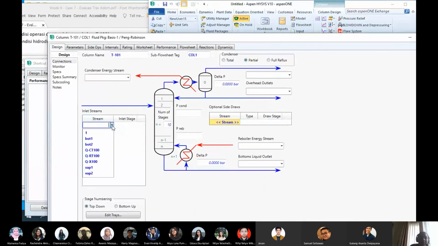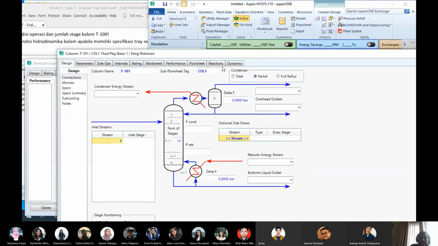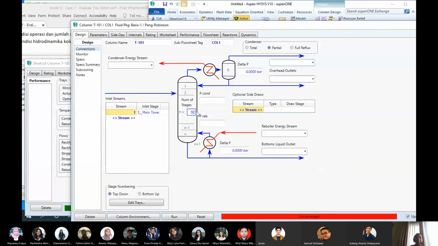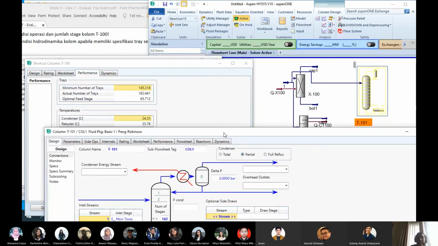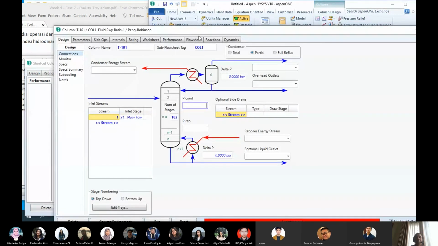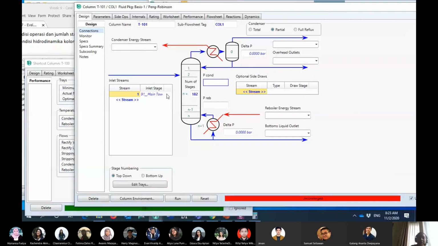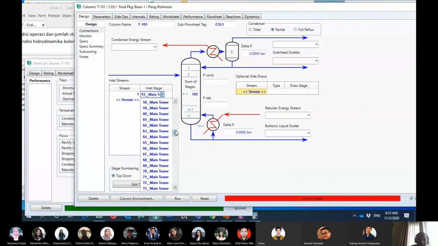Okay, this one is number 1, and then the optimal stage I will put 182. Okay, for this one is 91, but it mentioned that I should put it in the 366.